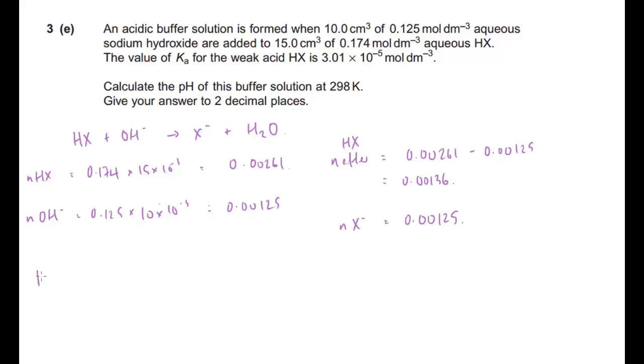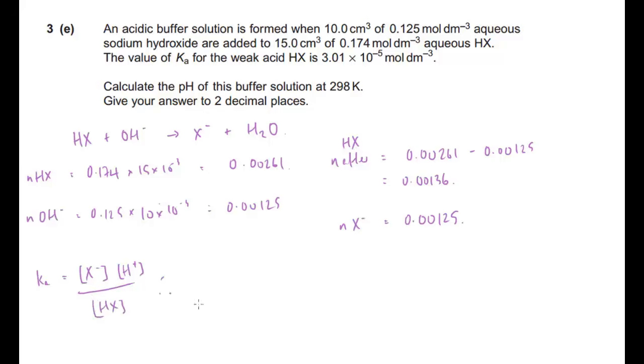Put your values into the equation one last time, thankfully. Ka equals X minus times H plus over HX.